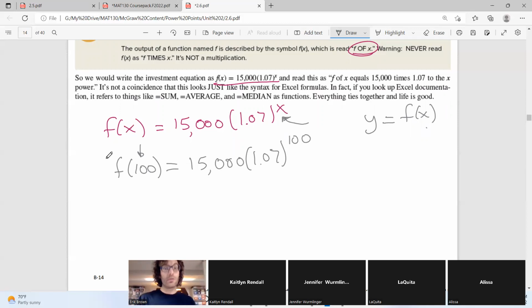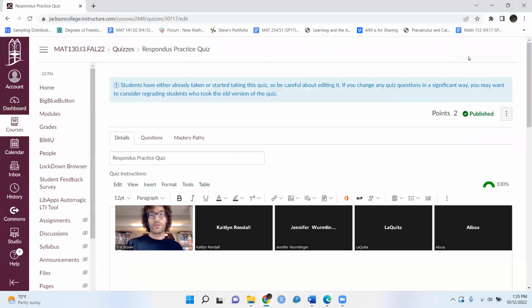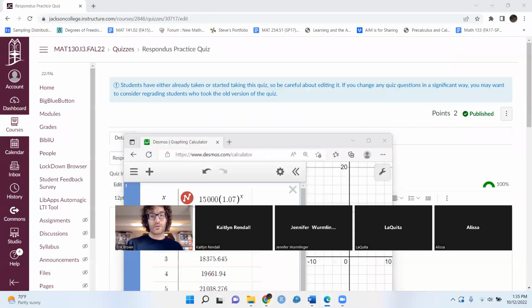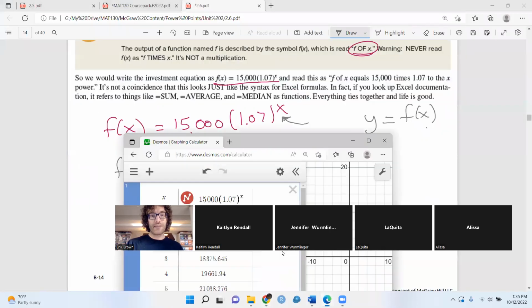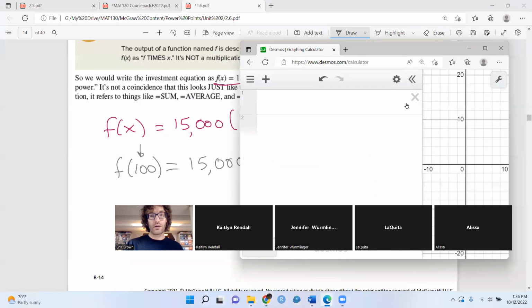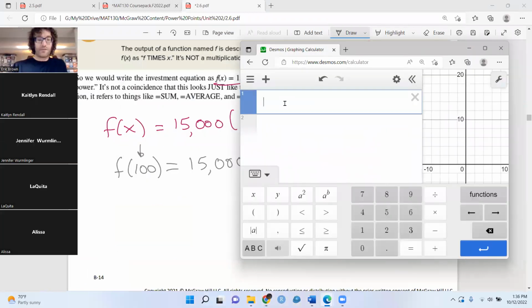But here's what's cool about Desmos and this notation. What I can do now is go to Desmos and type in my function. So I'm going to get all this out of here. And I can type the function just as it's written there, f of x equals 15,000 times 1.07 raised to the x power. All right, so there it is.